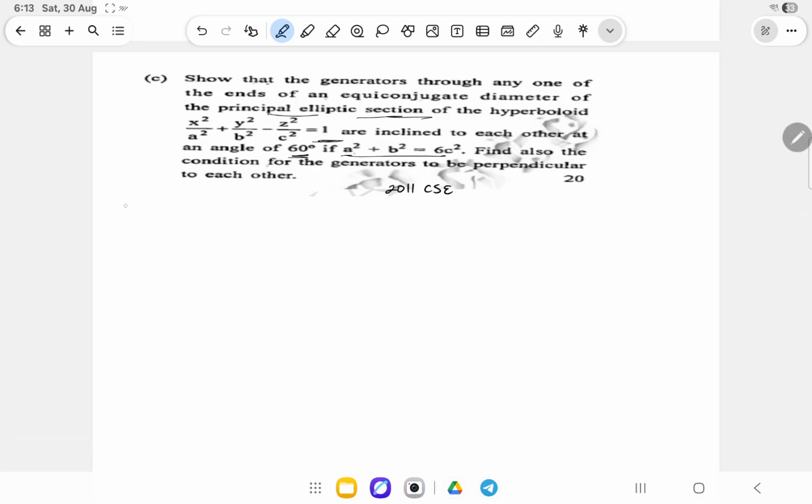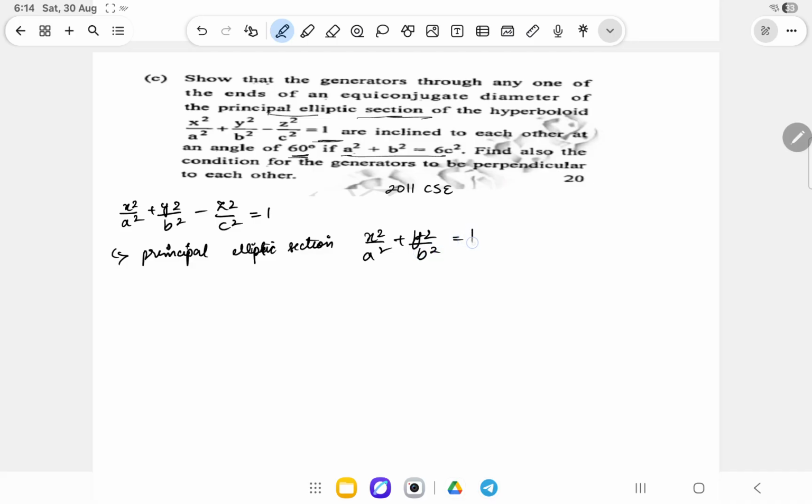So the given hyperboloid is x square by a square plus y square by b square minus z square by c square is equal to 1, and its principal elliptic section would be basically x square by a square plus y square by b square equals 1, z equals 0.